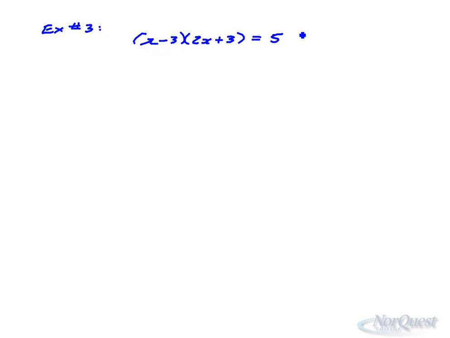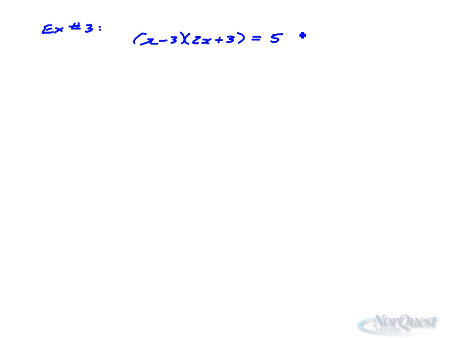Now this isn't written in general form because it would be ax squared plus bx plus c equals 0. This is not written in standard form because we'd have a binomial being squared. So since it's in neither form, what we need to do is get this to one of those two forms.